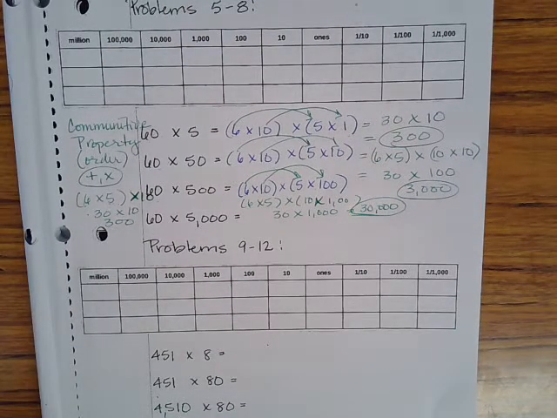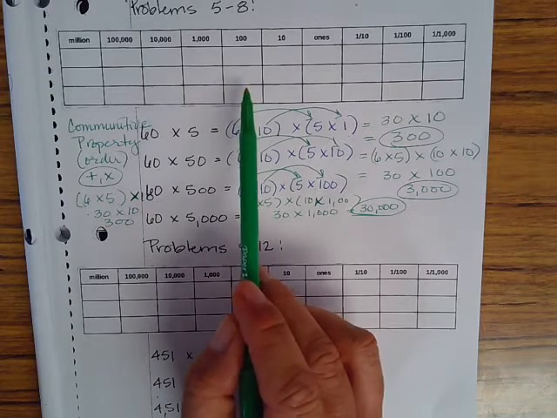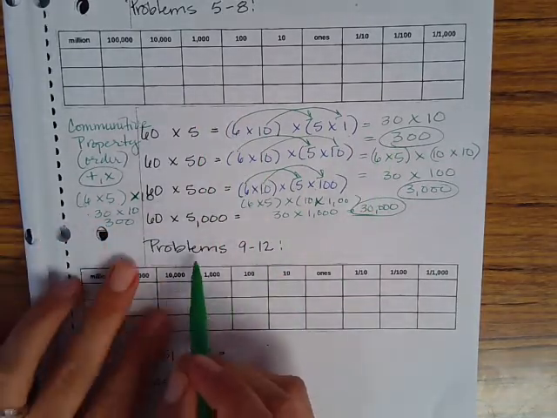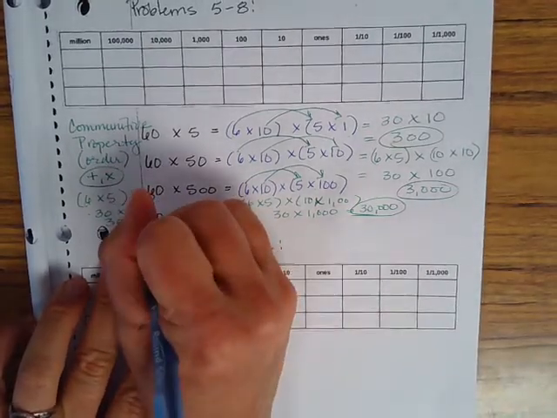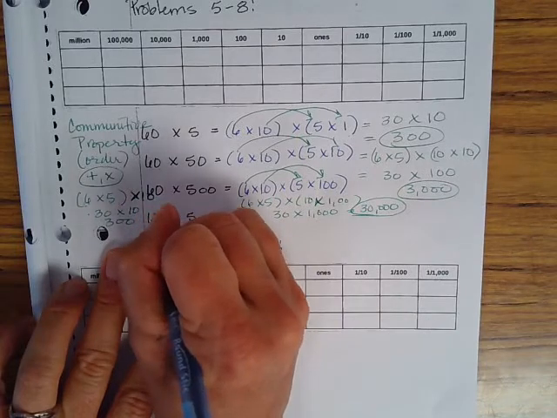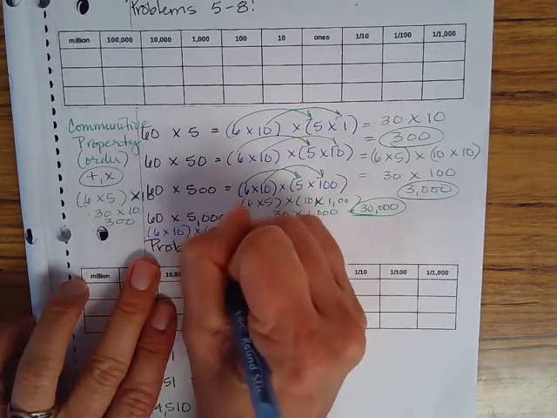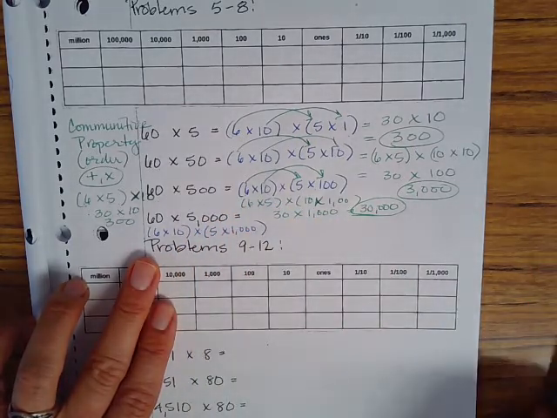All right. Last problem for this section. Remember, you have place value charts. If you want to use the place value charts to help you, you can always do that. Problem 8, we have 6 times 10 times 5 times 1,000.